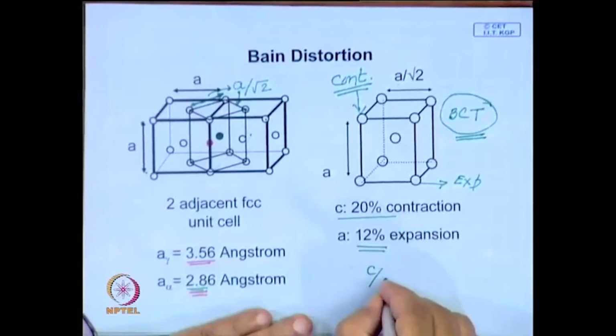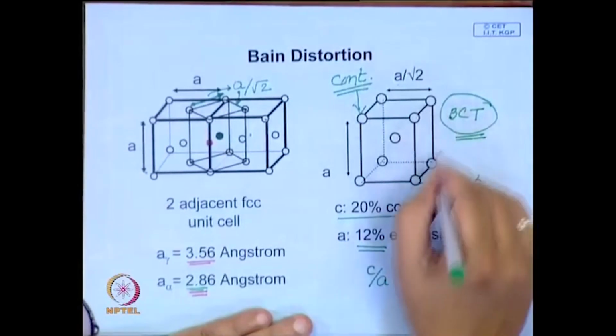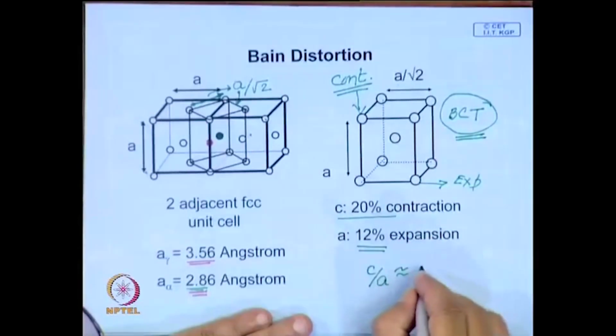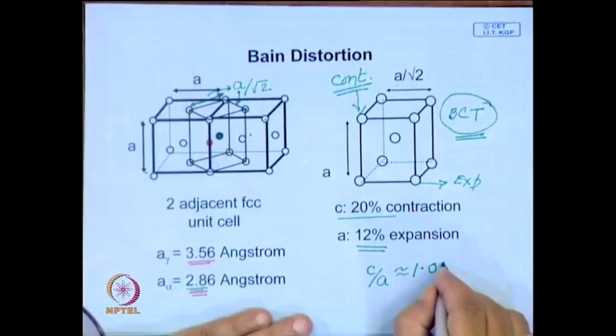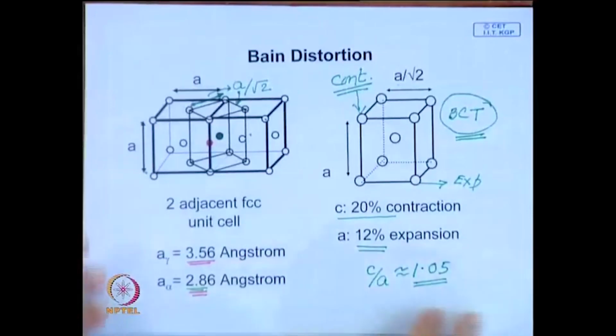This axis becomes C, and the C by A ratio will be close to, not very much different from 1, depending on carbon content, it can be 1.05 or around 1, which is actually very nearly, you can say, a BCC structure.